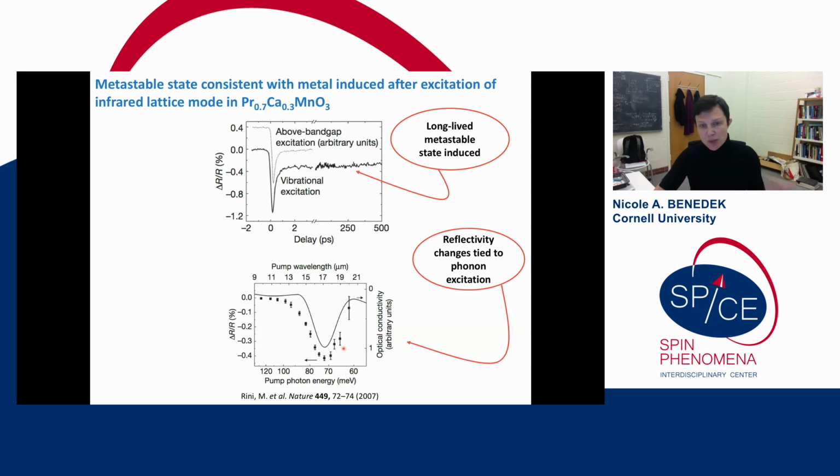So the atomic displacements that accompany these phonon modes change the crystal structure in such a way that it's no longer insulating. And there have been a bunch of other experiments like this, one of which we'll see in a second, looking at different properties. This was just one example.